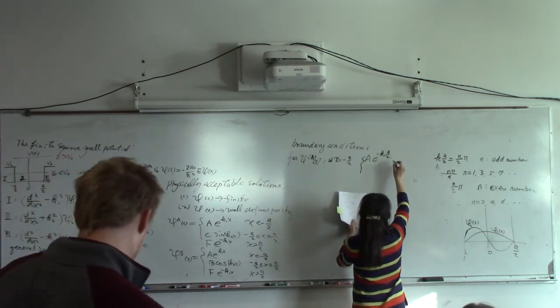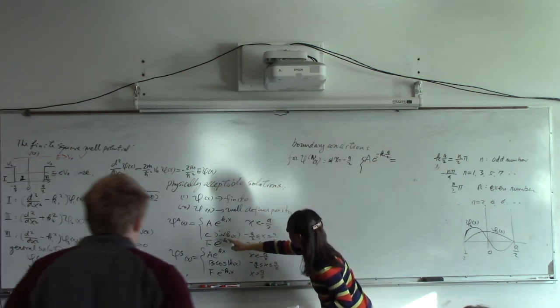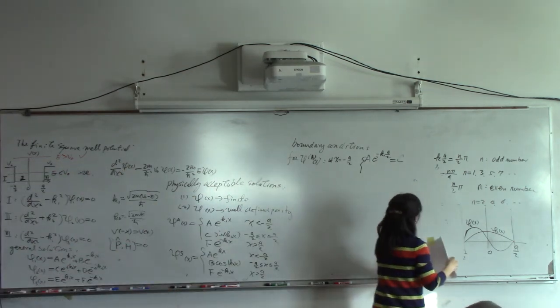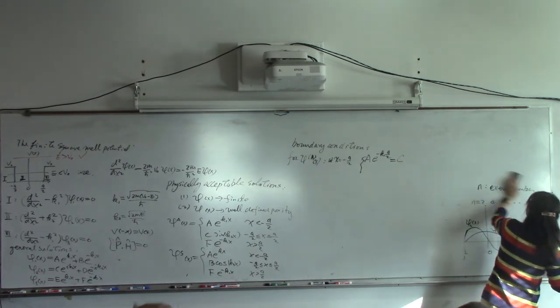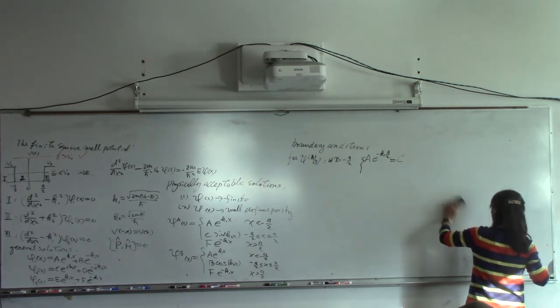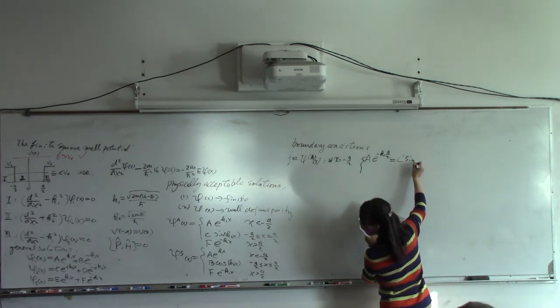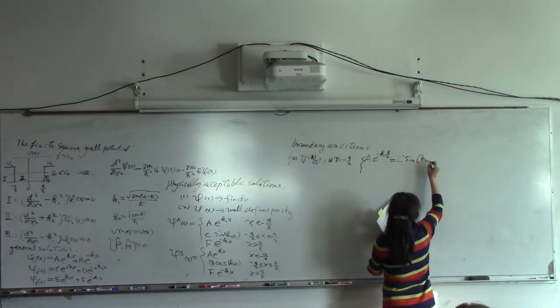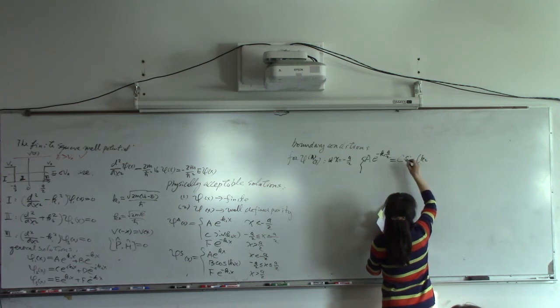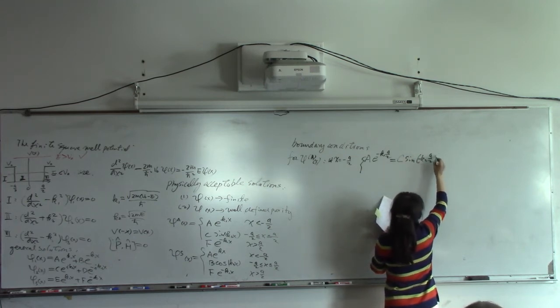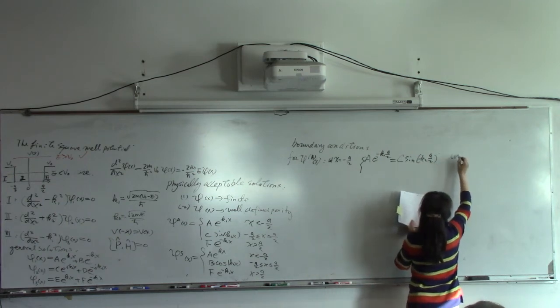That is equal to C sine K2, right? K2 here, minus. So let's go just minus half a. This is equation 1.